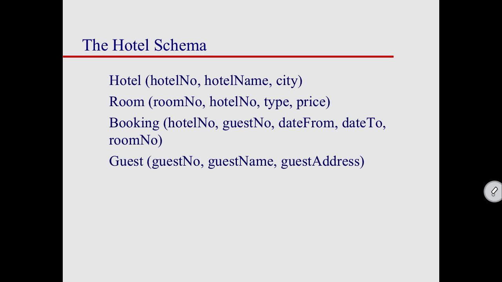The type is superfluous, it's not necessary, so it's not a minimal set. So that's a super key but not a candidate key. A candidate key is the minimal set of attributes that work. In this case, room number and hotel number work. If I take away either one, it's no longer a key.